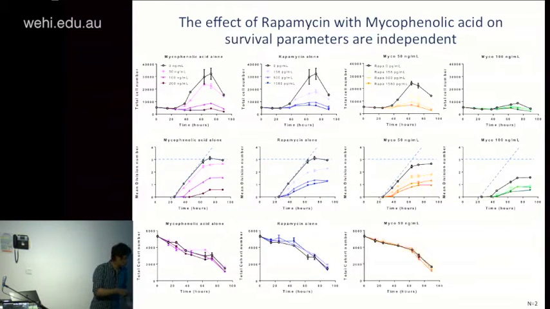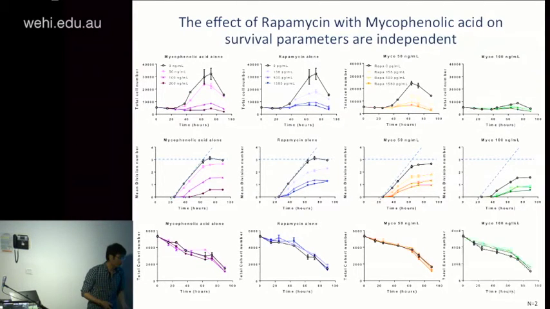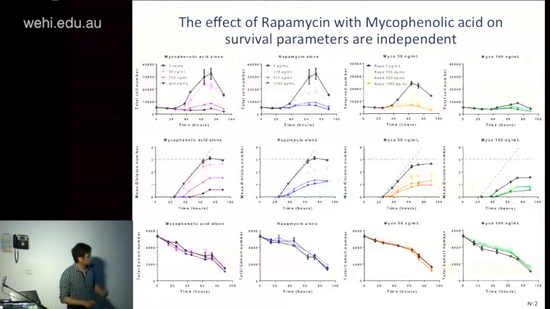However, if you look at effects on survival, you can see that in combination, rapamycin doesn't further enhance or decrease the effects. You also do not see any differences at 100 nanograms per ml of mycophenolic acid. So really, what I've shown you is that in this combination, survival is not affected, and only proliferation is affected.